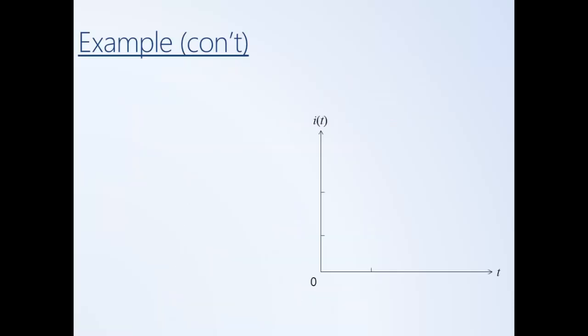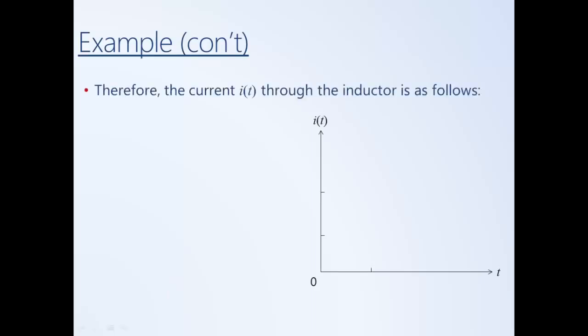So let's go ahead and look at what the graph of the current through the inductor looks like. If we recall, when the switch was on, the current increased linearly according to this equation. That's what we found.